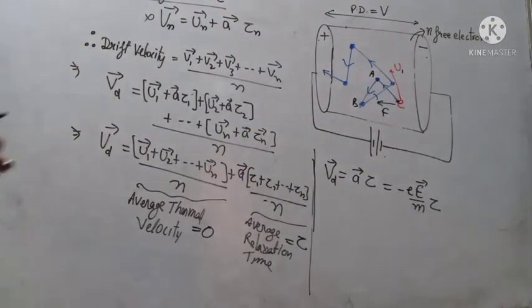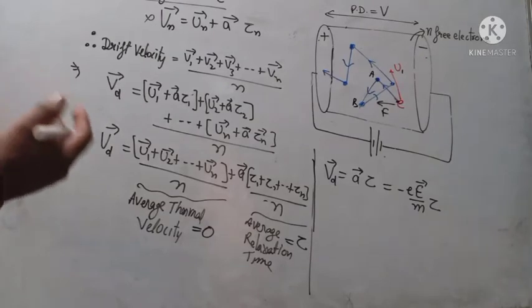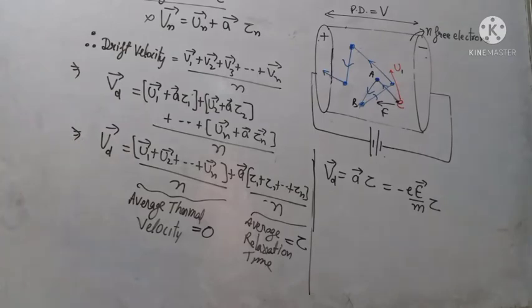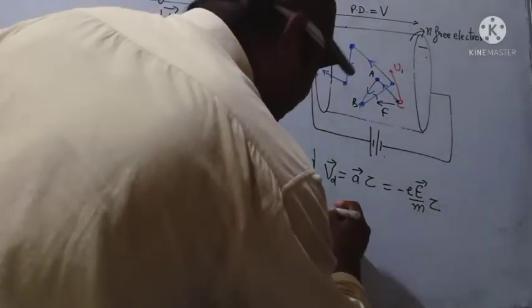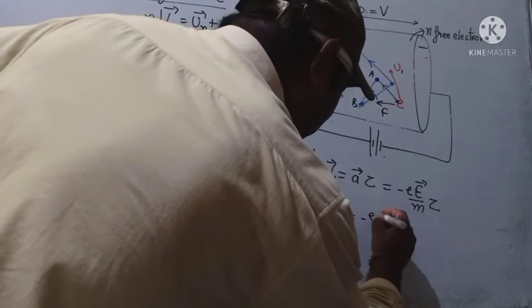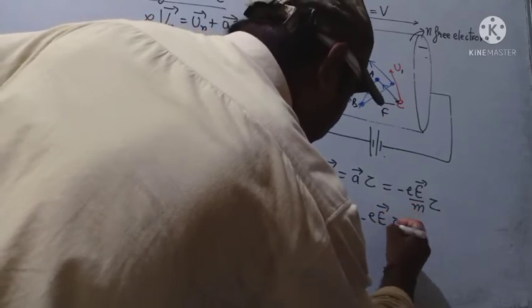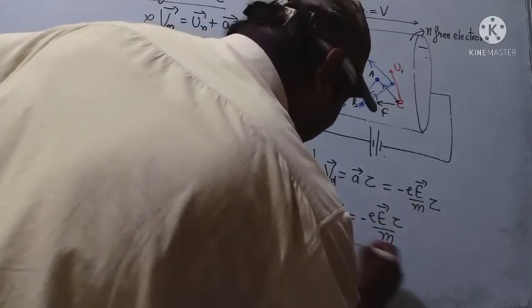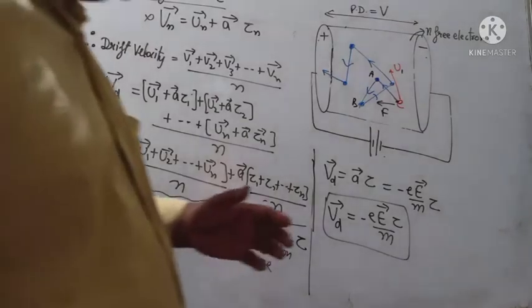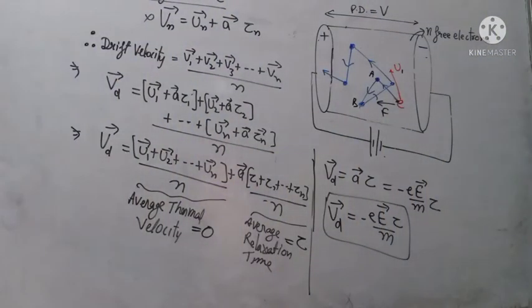So now we will get the expression for drift velocity. Vd is equal to minus E tau upon m. This is the required expression for drift velocity, where tau is the average relaxation time.